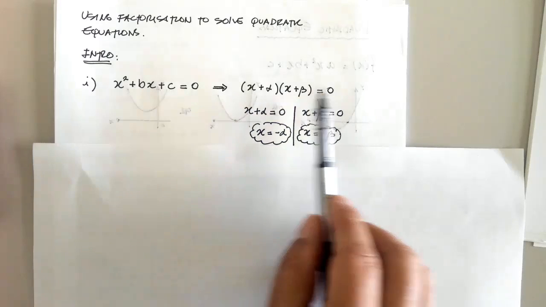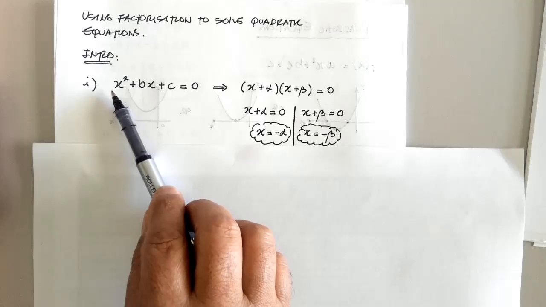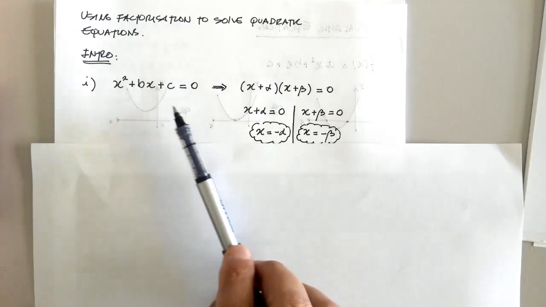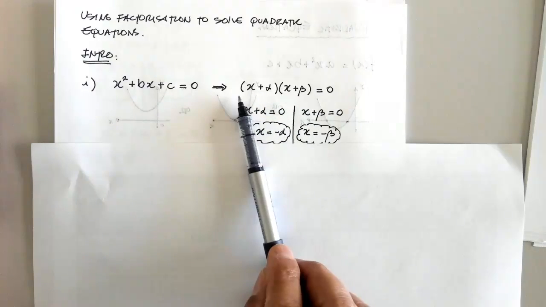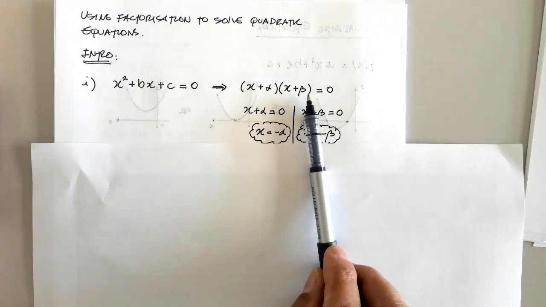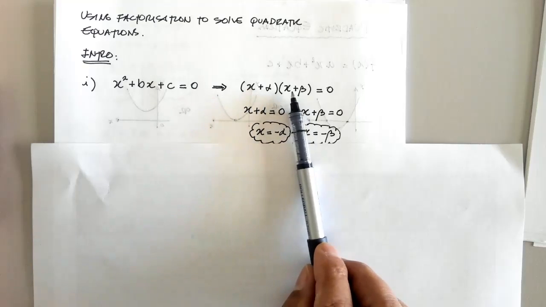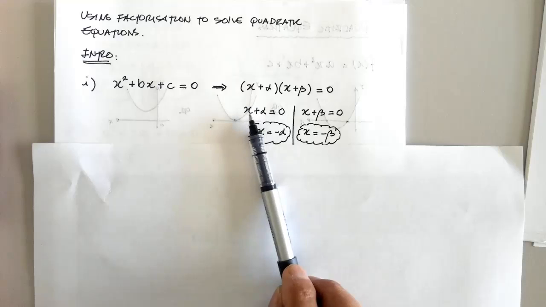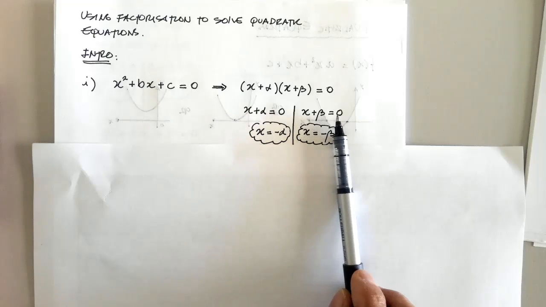You already learned how to factorize some trinomials. So we go from here to here, and then we have two factors, so we split this into two factors like this: one factor equals 0, and the other factor equals 0.